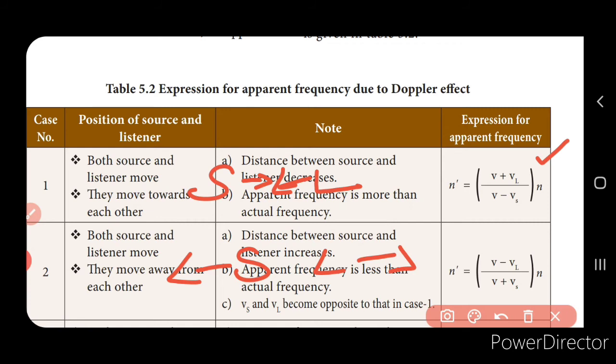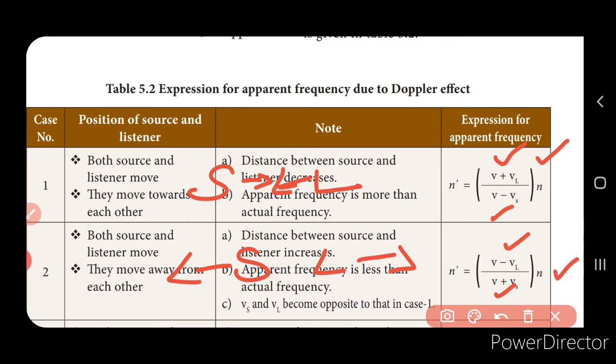If the direction is towards one another, this is the formula: the source is moving towards the listener, so in the numerator you will have the positive sign and in the denominator you will have the negative sign. Since the source and the listener are moving away from one another, you have to write the reciprocal of these two signs. So here you will get the negative sign and here you will get the positive sign. The formula is (V minus VL) divided by (V plus Vs) into the frequency of the source.